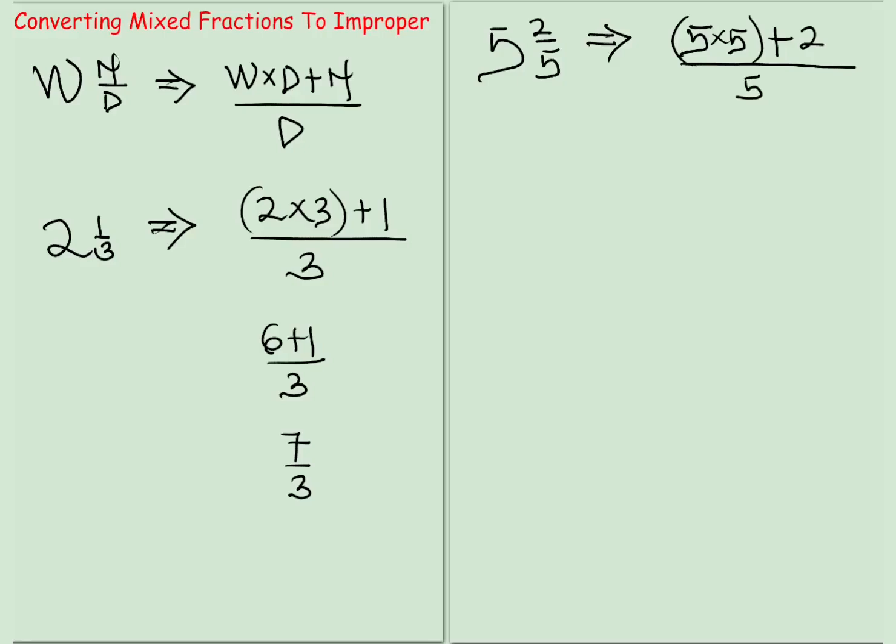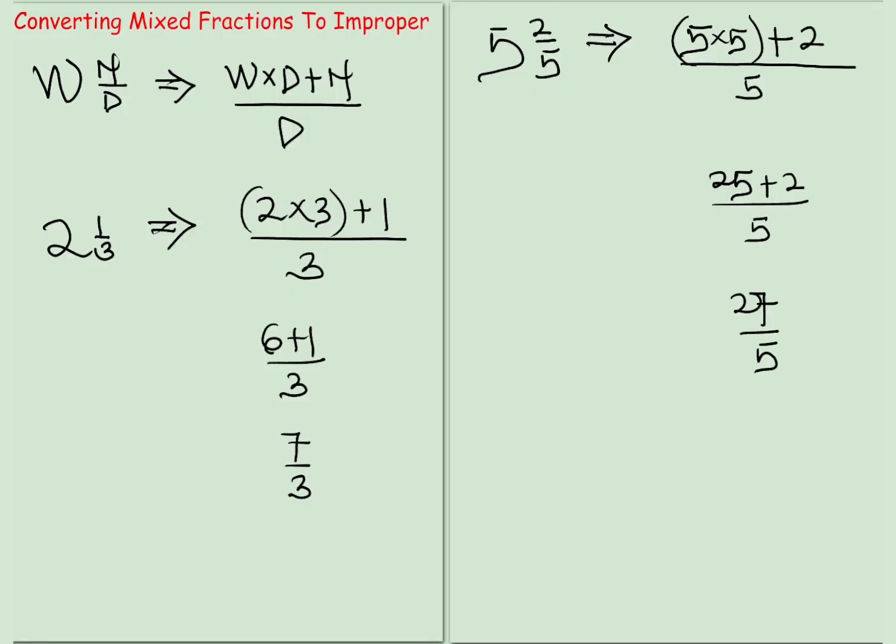Simplifying, we have 5 times 5, which gives us a 25. So we have 25 plus 2 over 5. And 25 plus 2, we know, gives us a 27. So we have 27 over 5 as the improper form of 5 whole number 2 over 5.